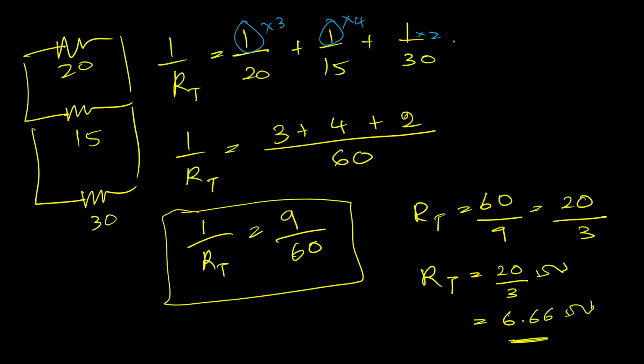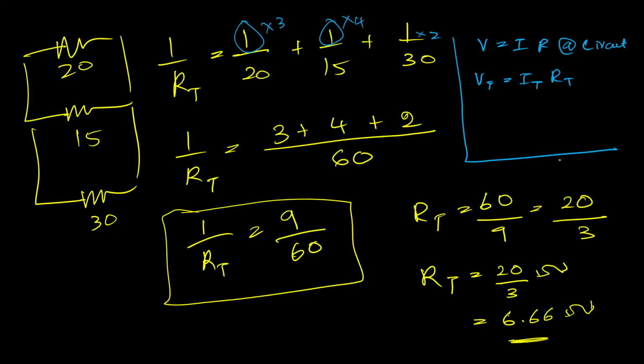Okay, now let's say I want to put V equals IR to the whole circuit. Then V total equals I total, R total. In this situation, don't use the decimal, use the fraction, then it will be easy for you all. V total is the voltage of this battery, 6 volt.